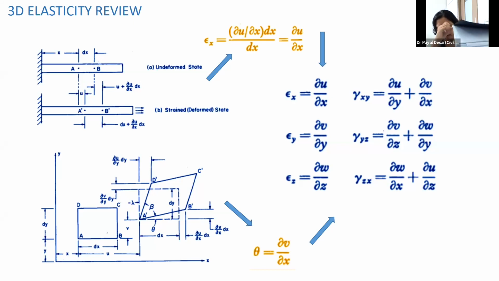When I apply a load to any body, based on the geometry I can write, by the simple definition of strain, delta L by L, which we have applied in strength of materials and solid mechanics theory, the normal strain in bars. You can apply this simple formula, but it has a limitation: you cannot apply it when you want to analyze a solid body in three dimensions.